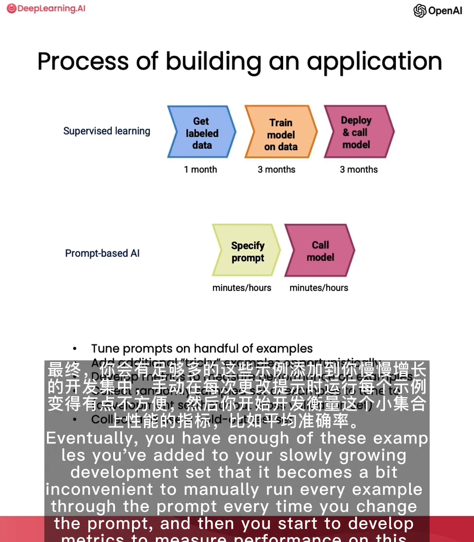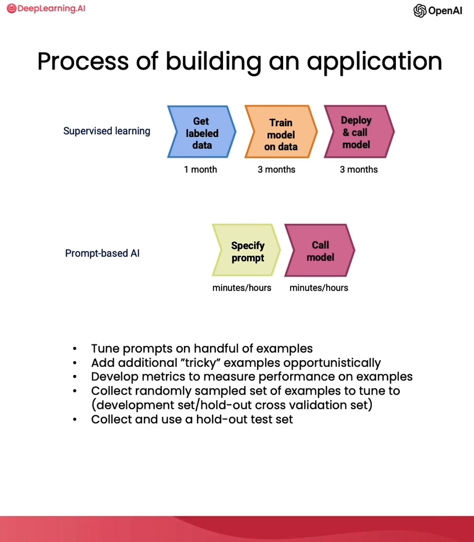Eventually, you have enough of these examples you've added to your slowly growing development set that it becomes a bit inconvenient to manually run every example through the prompt every time you change the prompt. And then you start to develop metrics to measure performance on this small set of examples, such as maybe average accuracy.